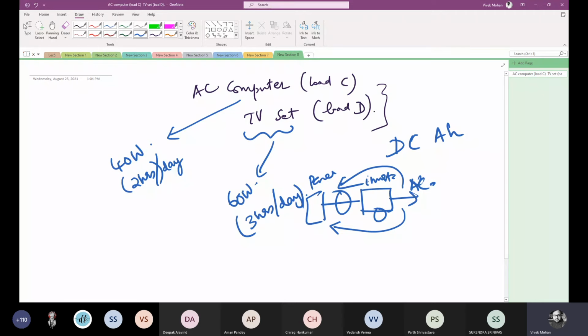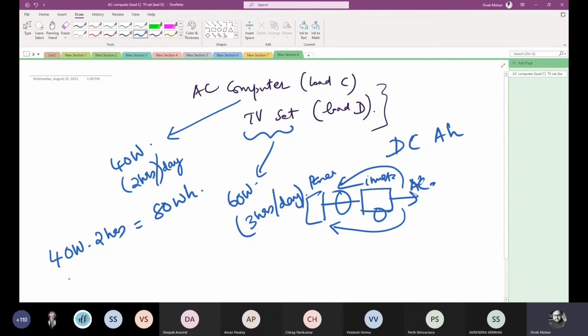Now, what is the wattage of device C? What is the wattage of the computer? 40 watts. Now, if I want to find watt hours for this device, then 40 watts into 2 hours, which is 80 watt hours.